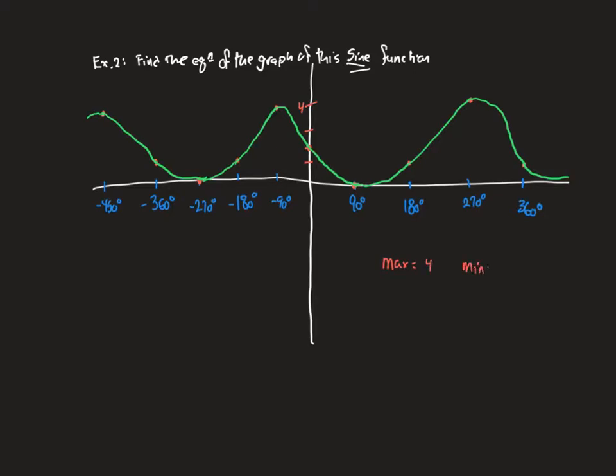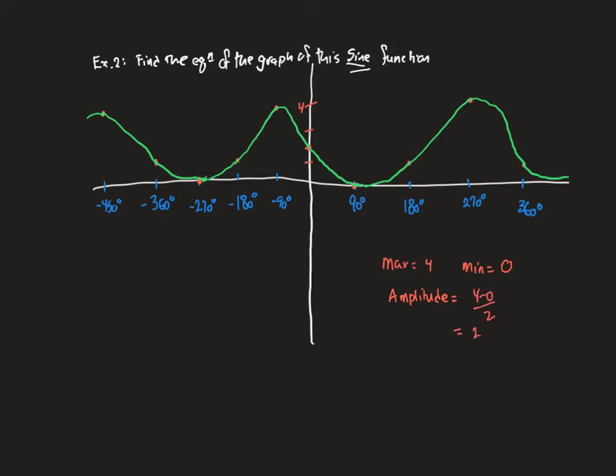My min, my smallest point. These are my smallest points. So at 0, well, it's my amplitude. Well, you can use your equation or you can use your eyes there, but essentially, amplitude, remember, is max minus min divided by 2.